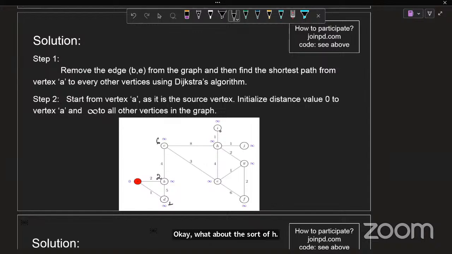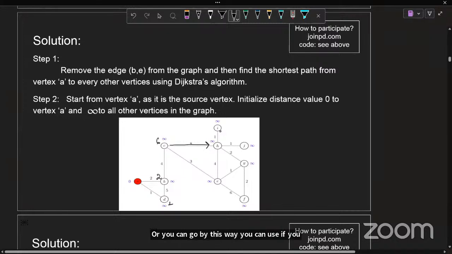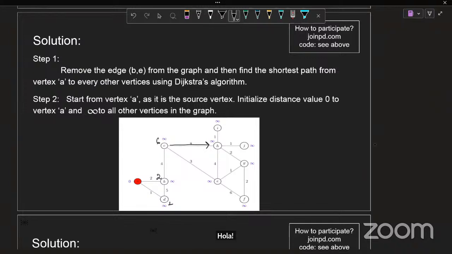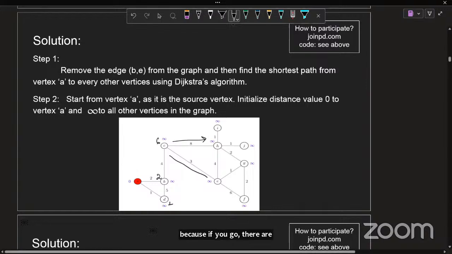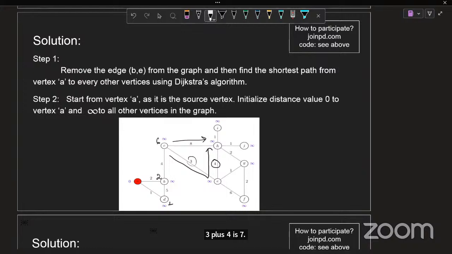Or you can go by this way. If you go by this way, 7 will be the shortest path from C to H. Because there are two ways to go to H, this is the first way and this is the second way. If you use this way, you will get 3 plus 4, which is 7. And if you use this way, it will be 8, right?